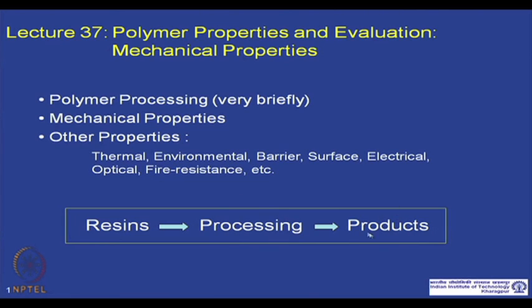Polymer properties are tested on the final product or final specimens. So, unless we know the polymer processing step, there will be a gap between a resin and a product or application. This is again not directly related to chemistry, but you must know the basic nomenclature and basic techniques by which the polymer is converted from a resin to a product for final applications.